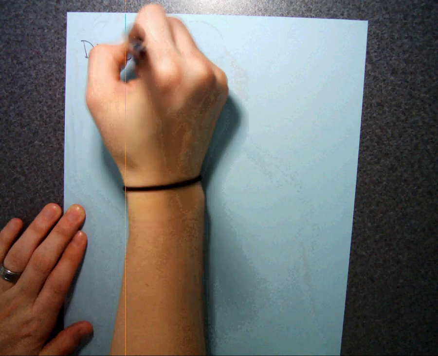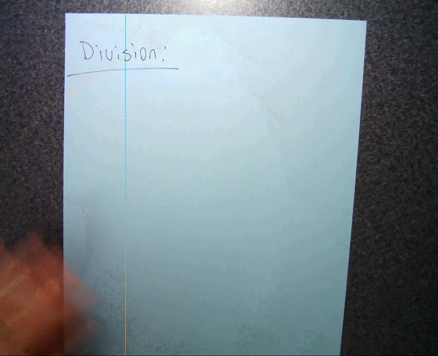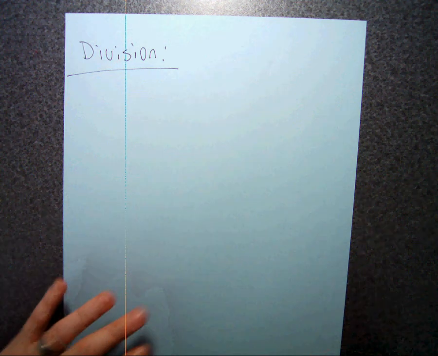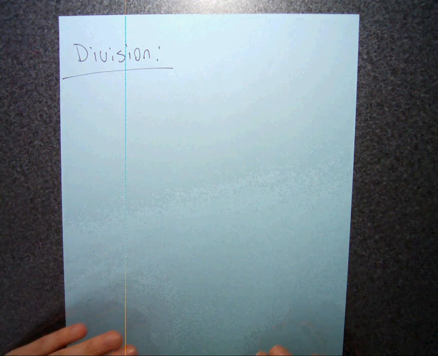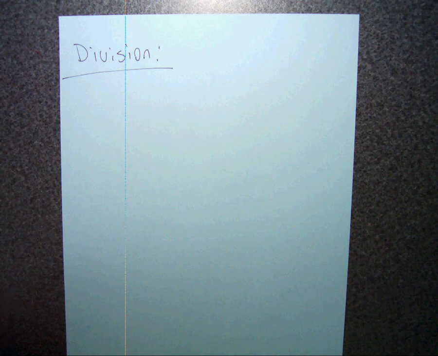Alright, so division of complex numbers in trig form works very similar to multiplying, except I'll divide and I'll subtract.